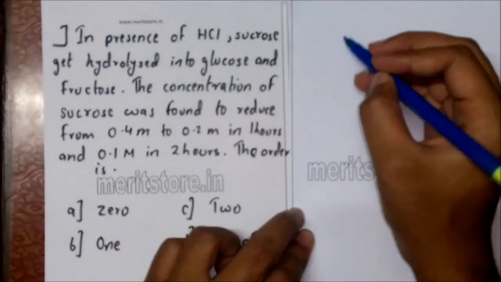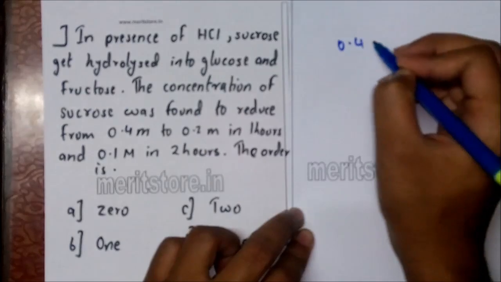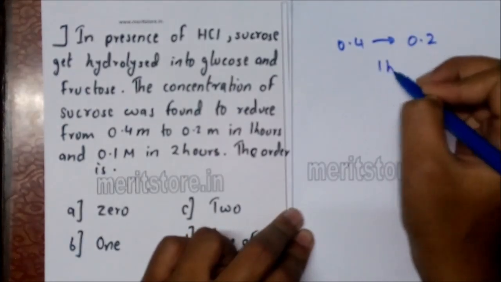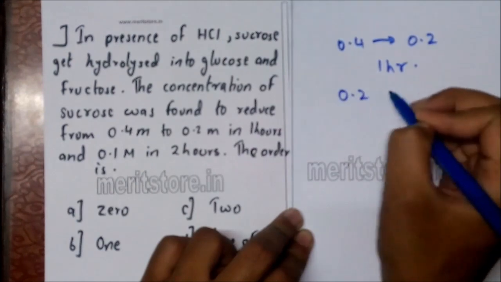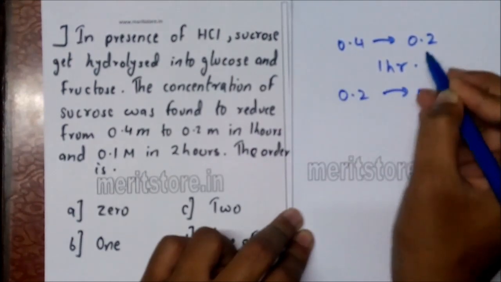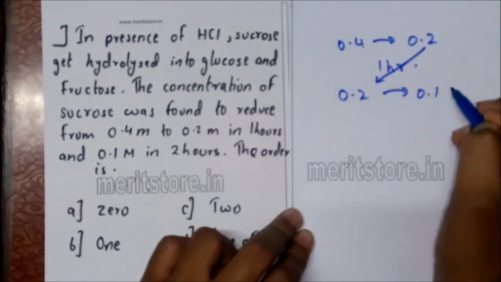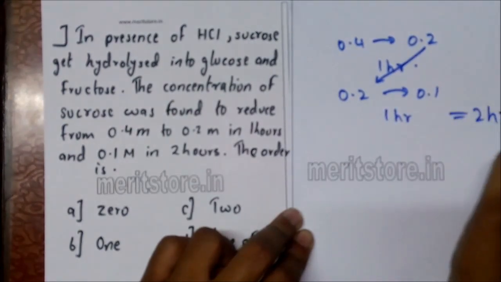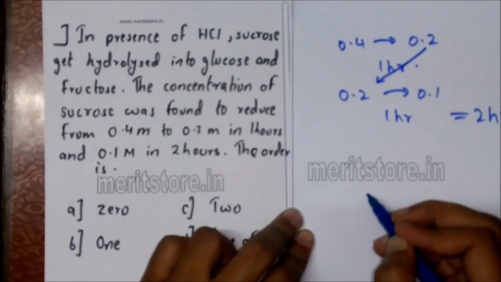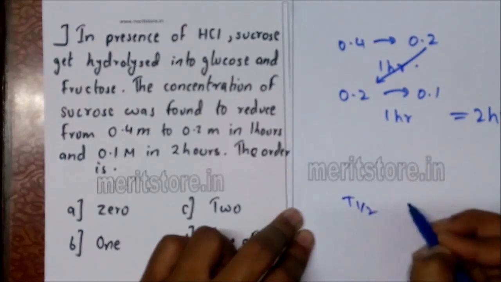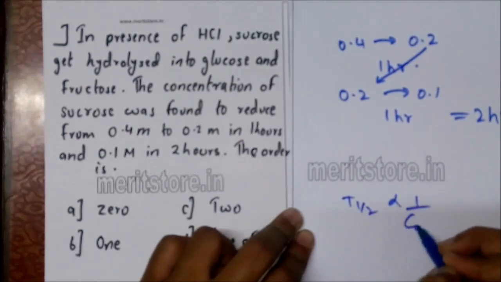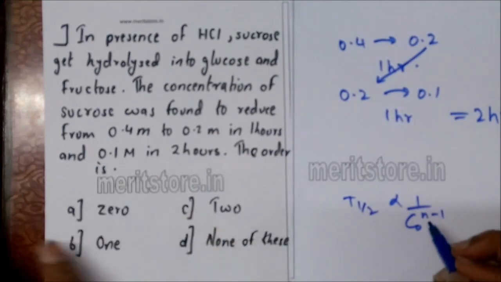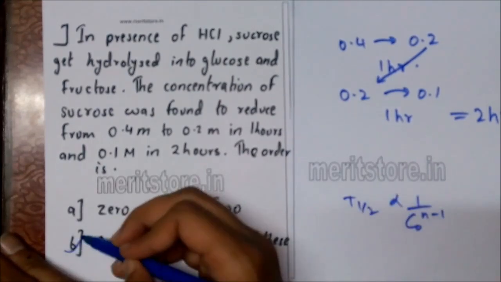As the concentration reduces from 0.4 mole to 0.2 mole, which is half quantity, in 1 hour, and from 0.2 to 0.1, which is half of this, in the next 1 hour, which is equal to 2 hours. So this is a reaction where T half is inversely proportional to concentration raised to n minus 1. So the order of the reaction will be 1.